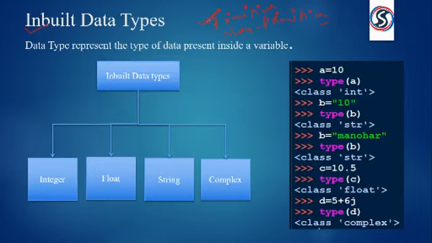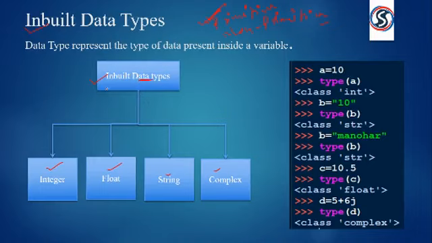This is your primitive, or you can also call it inbuilt data type, like integer, float, string and complex. What is the meaning of all this? Before that, what is a data type?